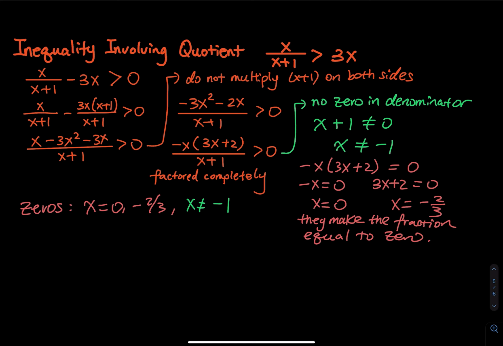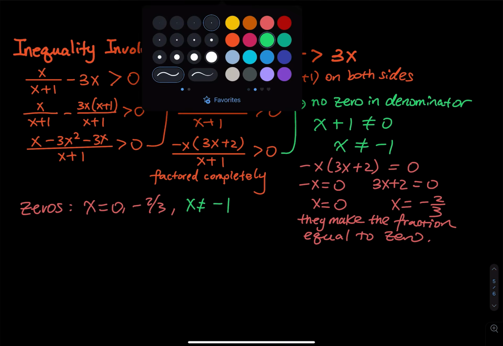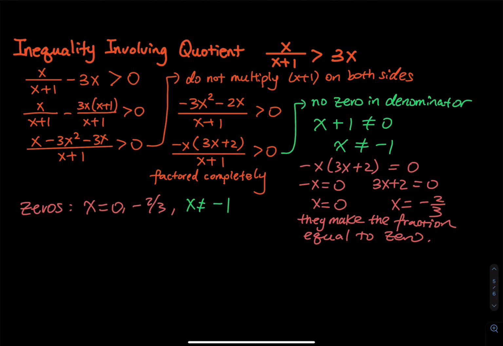I have to mention all three numbers on my number line. So let's go ahead and draw my number line right here. All right. So which one is the smallest? We have negative 1, right? So we have x equals negative 1. Just draw a negative 1.